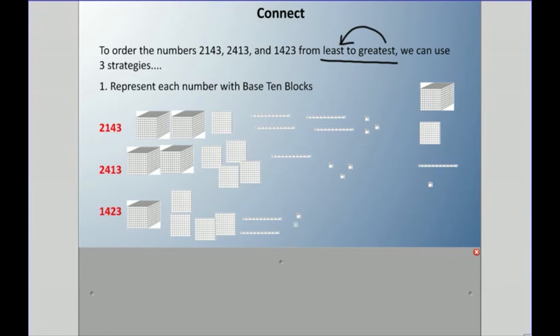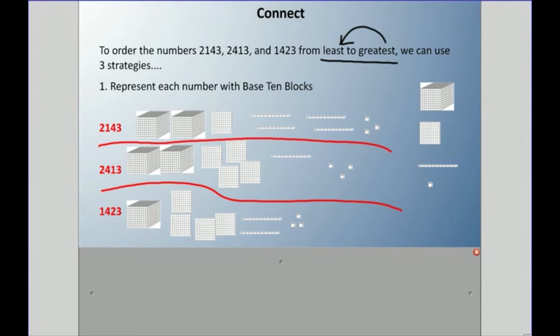Okay, so when we look at this, we should probably start with the larger numbers, and that would be the thousands. Maybe just to make this easier, I'm going to draw a line separating these. You might notice straight off the bat that this number here only has 1 thousand block, and the other ones have 2. So I automatically know that this is going to be the least. This one is number 1 on our list.